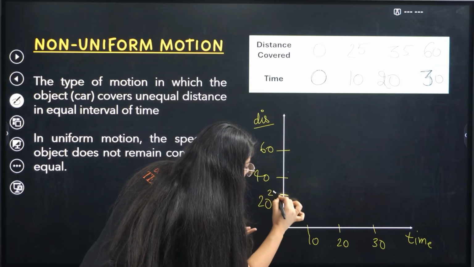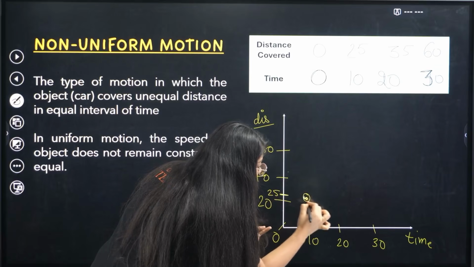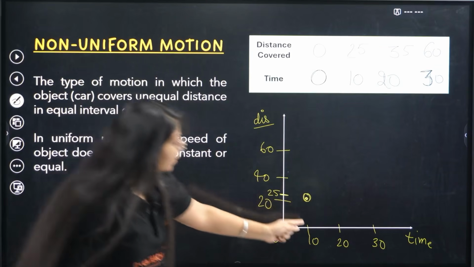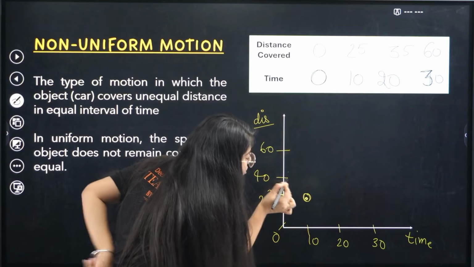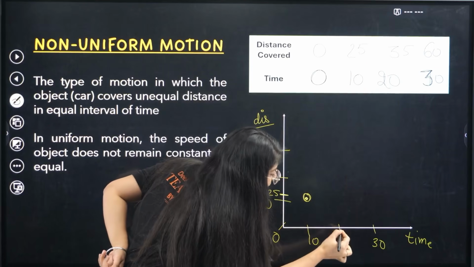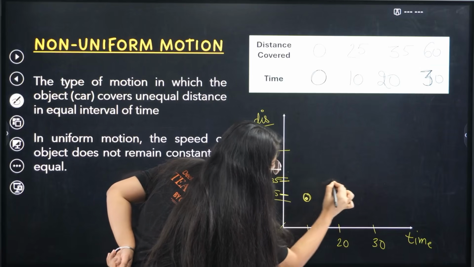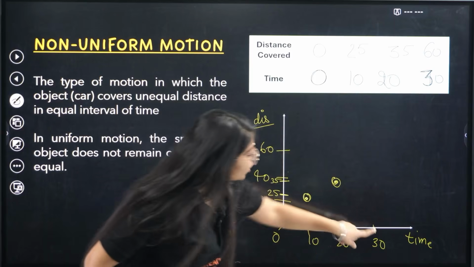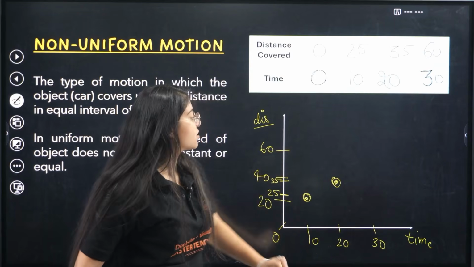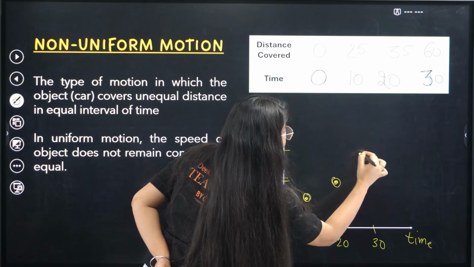So at 10 seconds, it reached not 20, it reached 25. Then in another 10 seconds, that is 20 seconds, it reached 35, that is below 40, somewhere here. So this will be the point. And in another 10 seconds, it directly reached 60. So this is the next point.